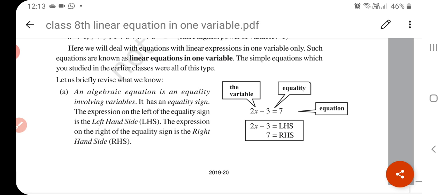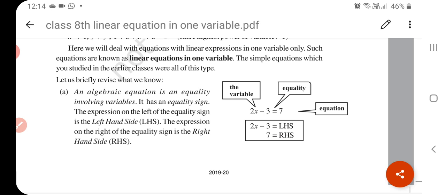So what is your job? You have to find the value of x, or the value of the variable. Here the equation is 2x minus 3 is equal to 7, so we have to find the value of x. It forces the answer to appear on the right seat. We just have to be careful to keep the seesaw balanced throughout.